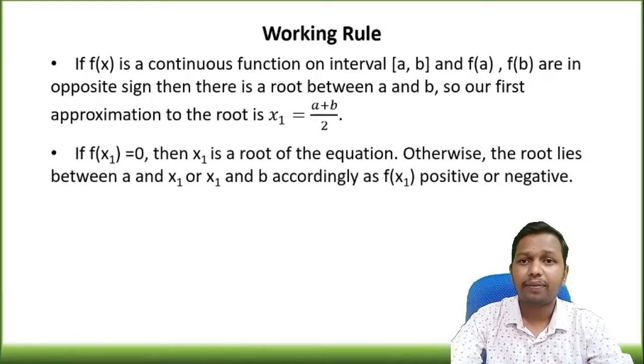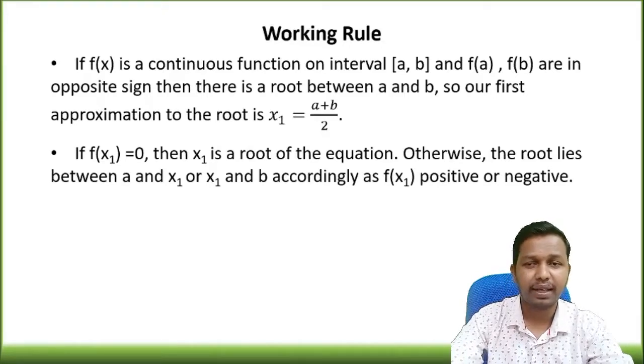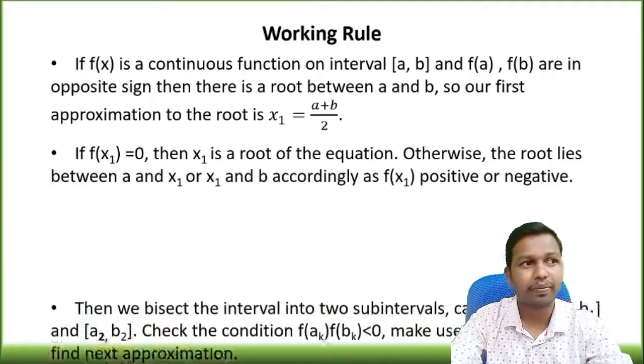If f of x1 equals 0, then x1 itself is the root of the given equation. Otherwise, the root lies between a and x1 or x1 and b, accordingly as f of x1 is positive or negative.